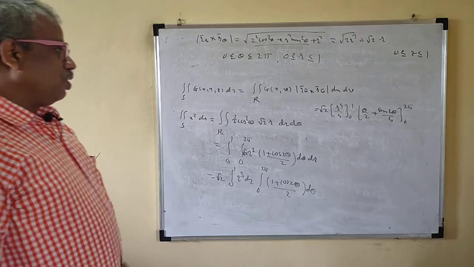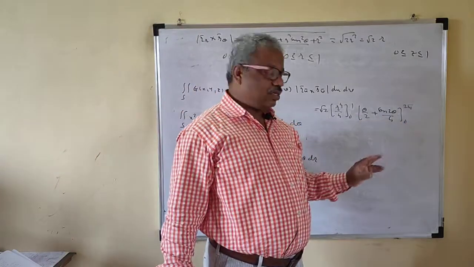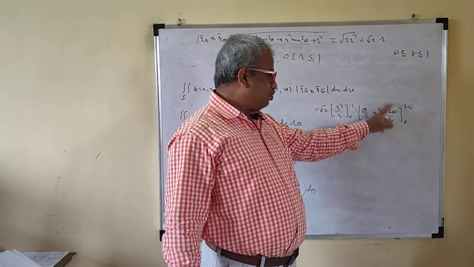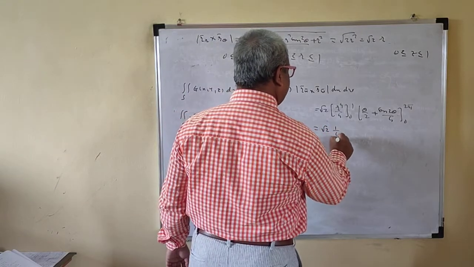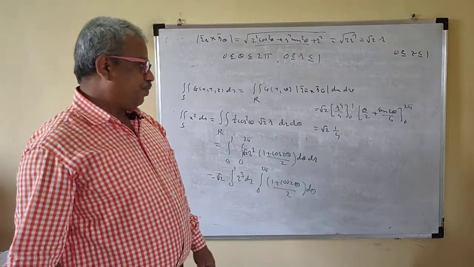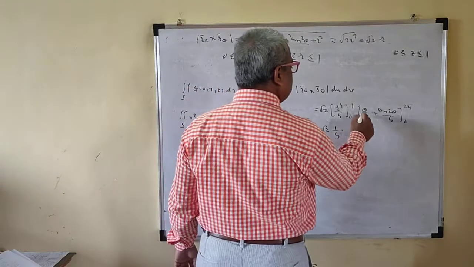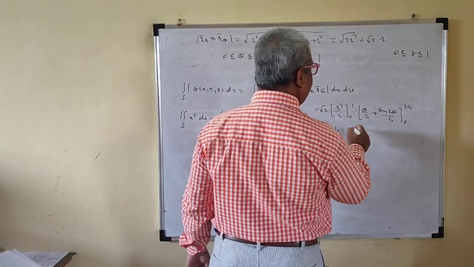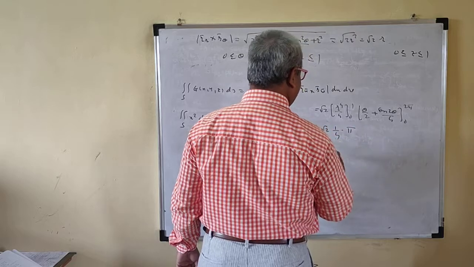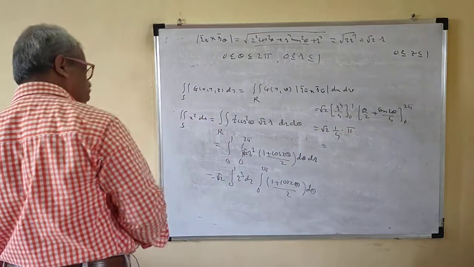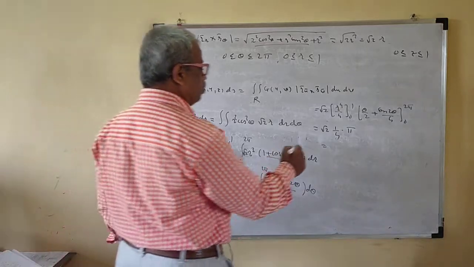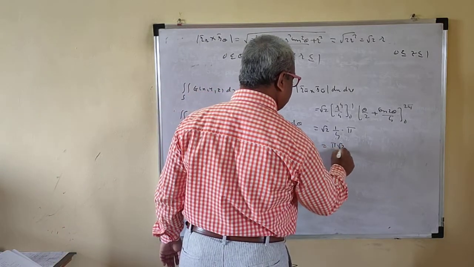If you put theta equal to 0, then everything is 0. If you put theta equal to 2 pi, this will be 0. So this is root 2 into 1 by 4 into 2 pi upon 2, this is pi. So this value will be pi root 2 upon 4.